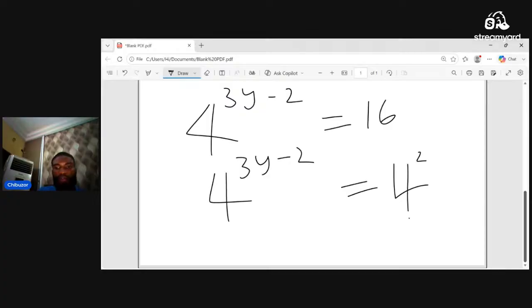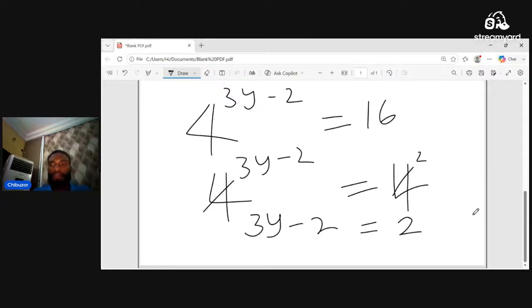So that we'll have these two bases as 4. Since we have them as 4 now, we can easily cancel out. If we cancel out, we will now be left with 3y minus 2 is equal to 2.